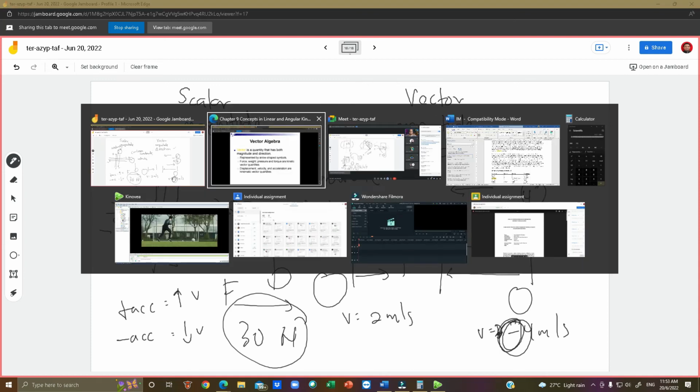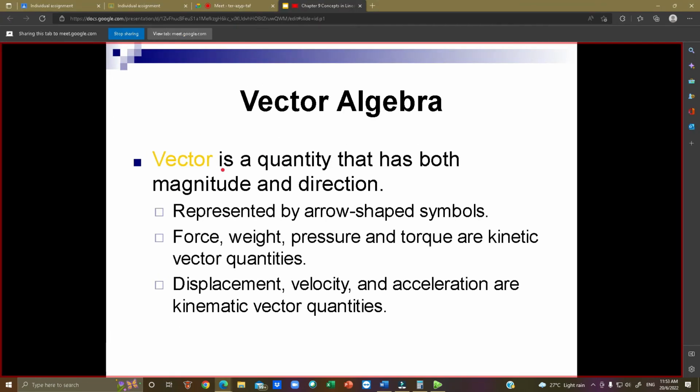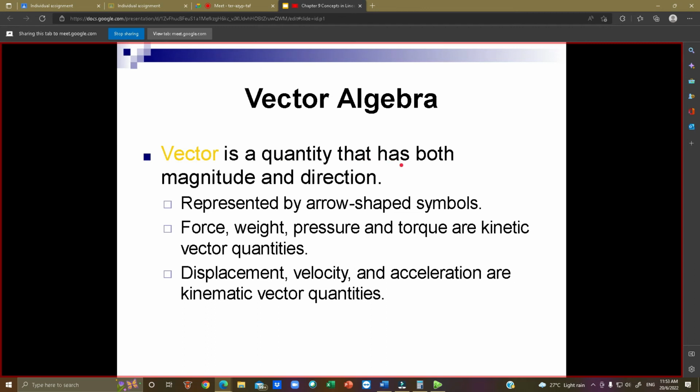Okay. So vector algebra, okay, vector is a quantity that has both magnitude and direction, represented by an arrow-shaped symbol. Force, weight, pressure, torque, all those quantities can be described in vector algebra. Okay.